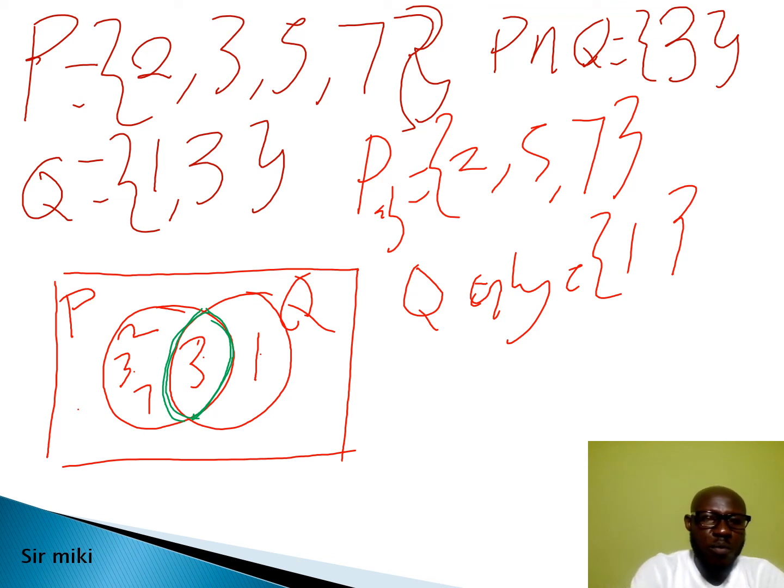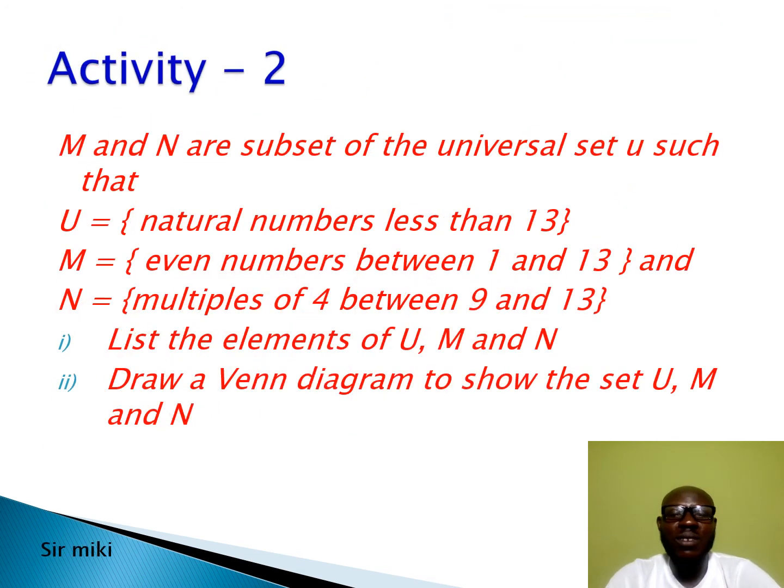So we have P only, we have Q only. The reason why 3 is not placed over here is because 3 is found in both sets. Good. Now let's move on.